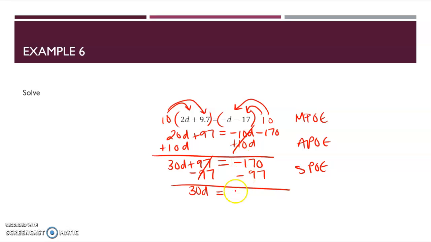They're both negative, so we're going to have a negative answer, and we're actually going to add them. So we get 267. And then our last step is the division property of equality, which means I'm going to divide both sides by that positive 30. So d is going to equal negative, since negative divided by positive is negative. And then 267 divided by 30, I get 8.9.